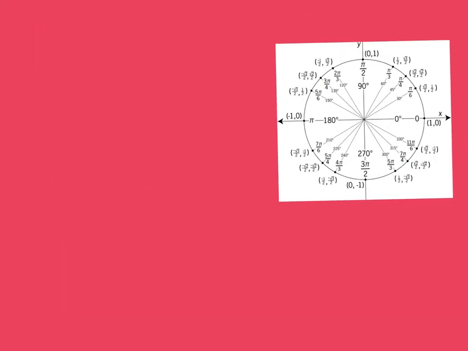Before we do our last example, I want to review one thing that we talked about previously, and that is the Pythagorean identity. Sine squared theta plus cosine squared theta is equal to 1. This is a really important identity, and we're going to use it extensively. You see this one a lot.